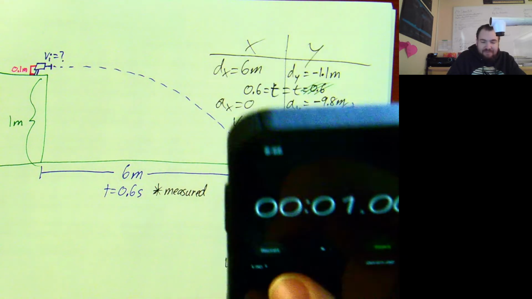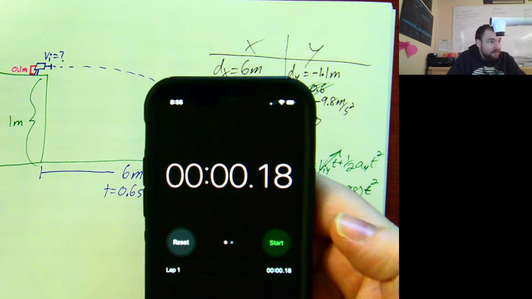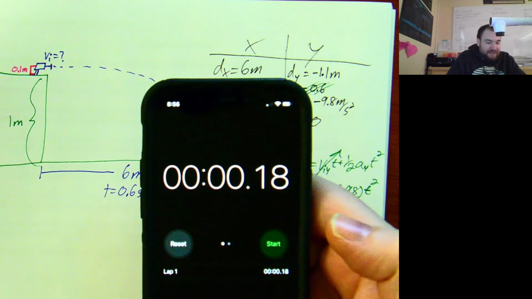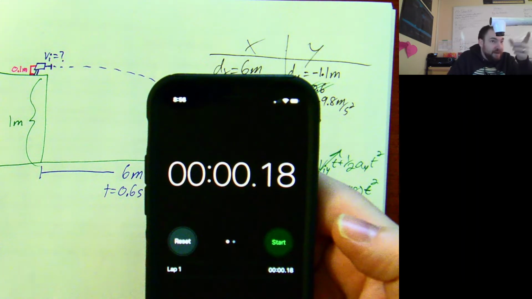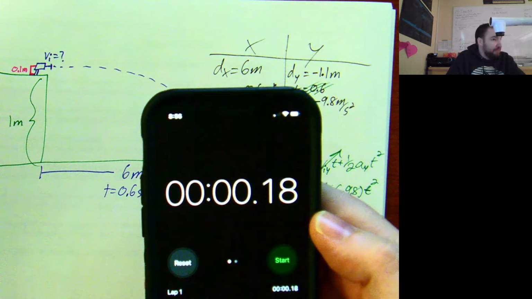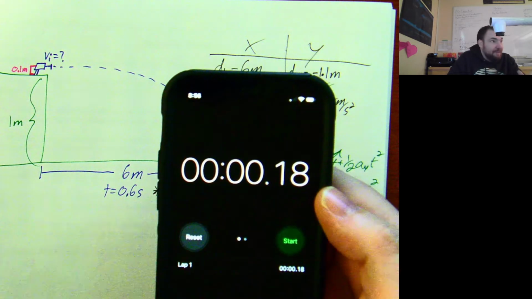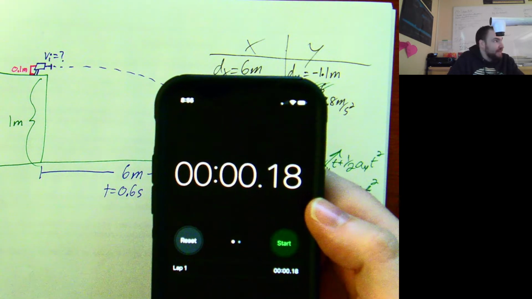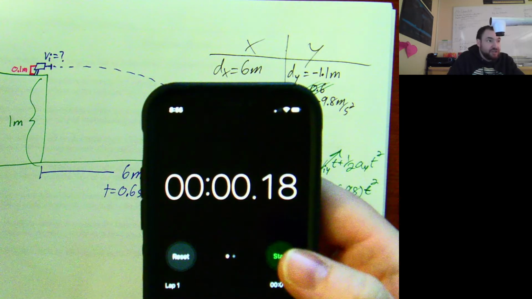Oh, I missed it. Okay. What time are we getting here? 0.16. You got 0.1. I got 0.18. Tristan, I see, got 0.13. So this length of time is effectively my reaction time that I'm measuring here, the speed at which I can start and stop my stopwatch.